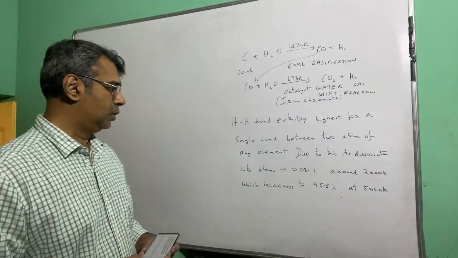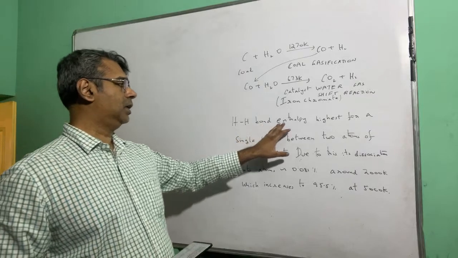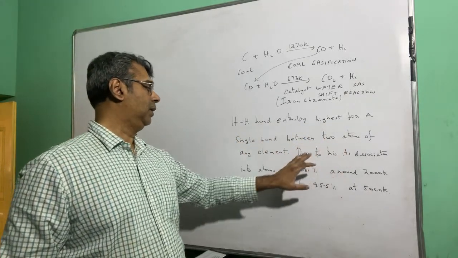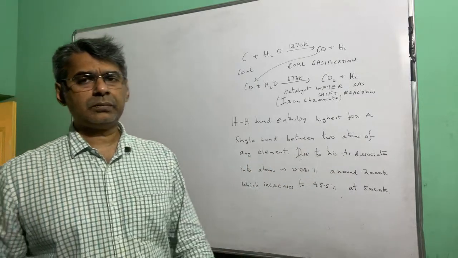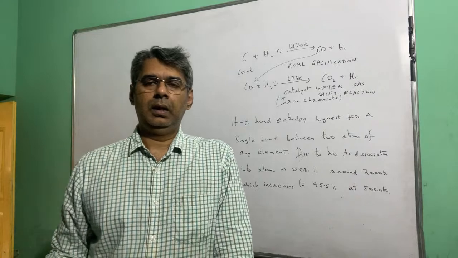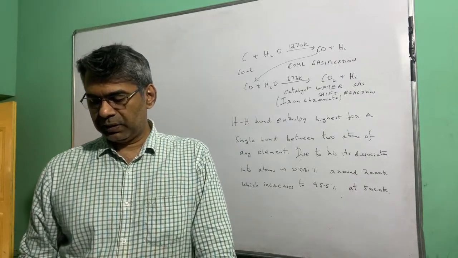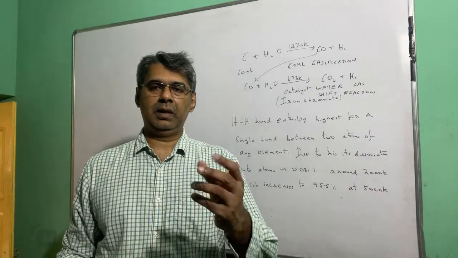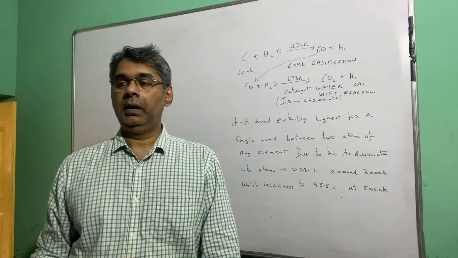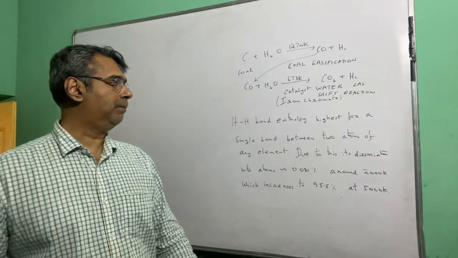Thank you. So basically, the hydrogen-hydrogen bond enthalpy is highest for a single bond between two atoms of any element. So it's almost impossible that you will ever get hydrogen as an atom. Atomic hydrogen is virtually impossible to get, so it's always in the molecular form.